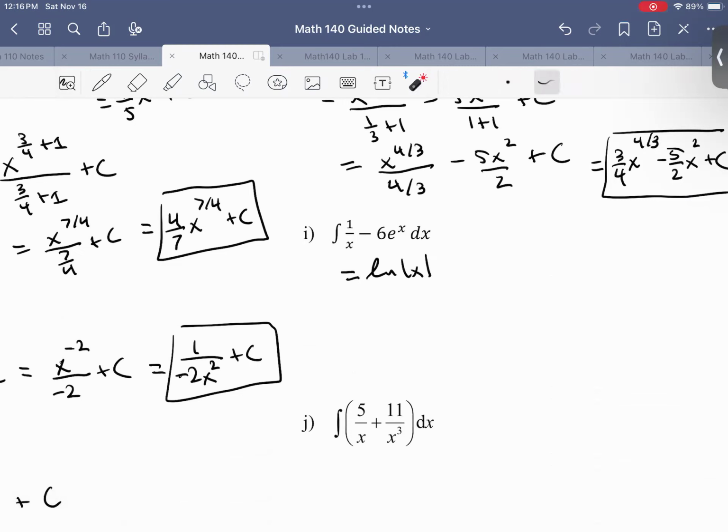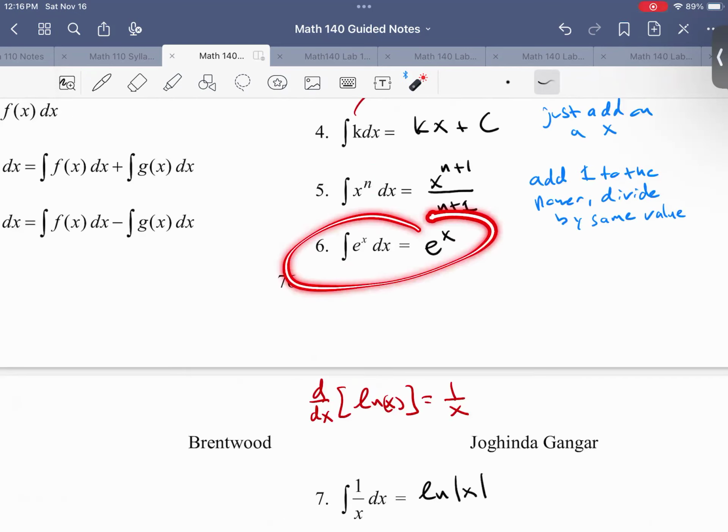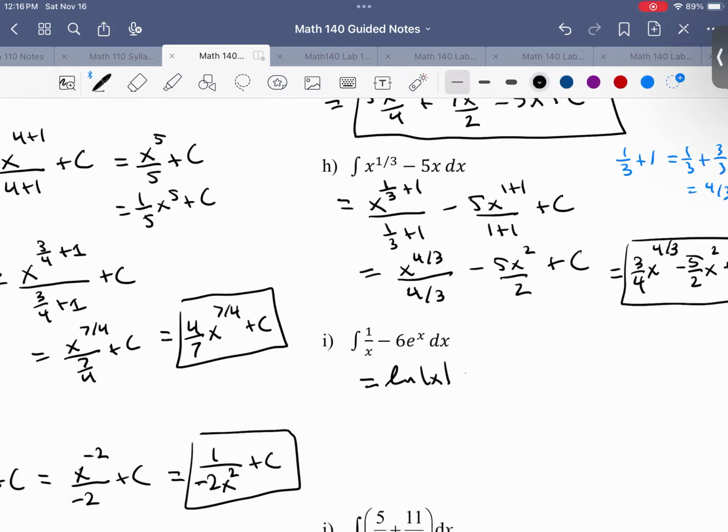And the integral of e to the x is itself, e to the x. So this would be minus 6. The 6 is a coefficient, it comes along for the ride, and it'll just be exactly itself. So this would be the integral of I.